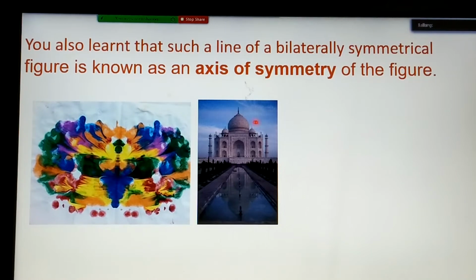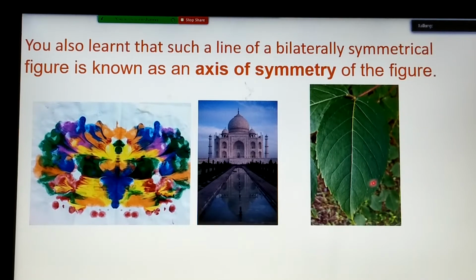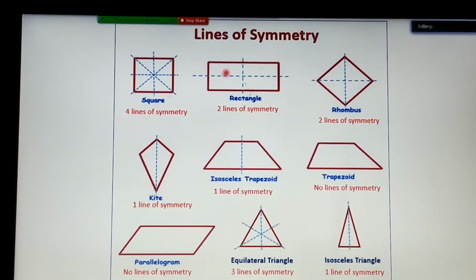Here, in our nature we can find many symmetrical plane images. Here, it's a leaf. You can see here this looks like a symmetrical axis. Can you remember lines of symmetry?